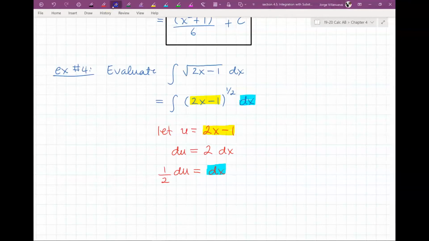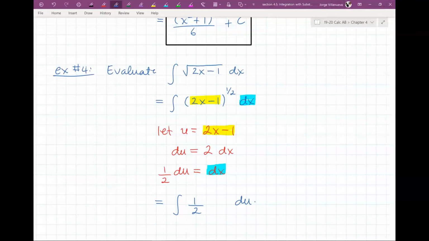So let's go ahead and substitute everything back. So I get the integral of, now my dx portion is half du. You'll notice I always plug back in my dx portion, right? I don't go straight with the u value. I always put in the dx first.